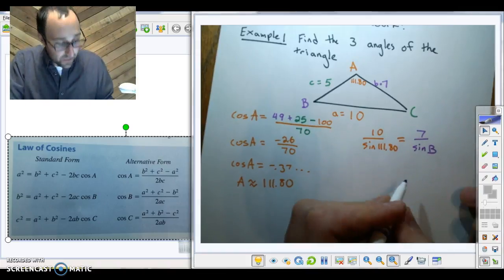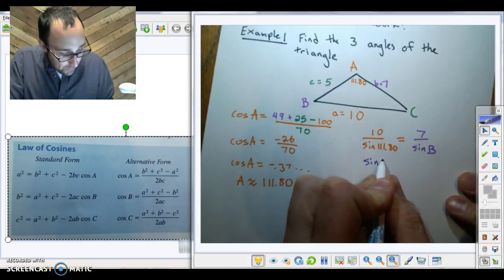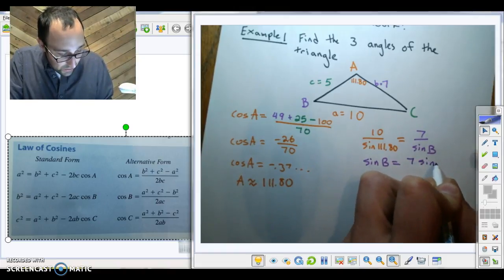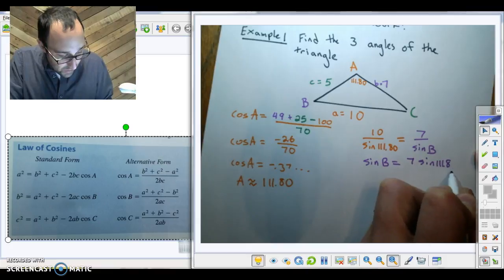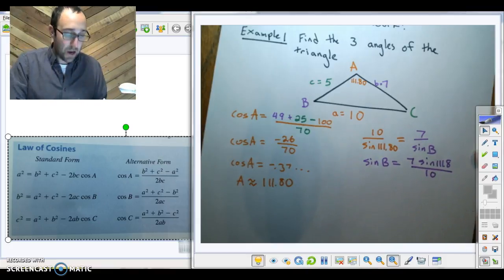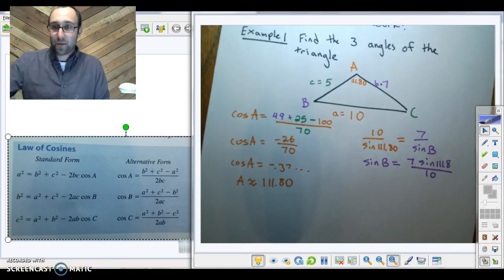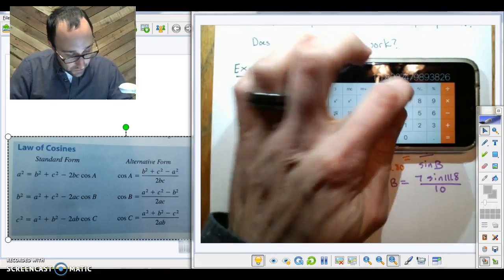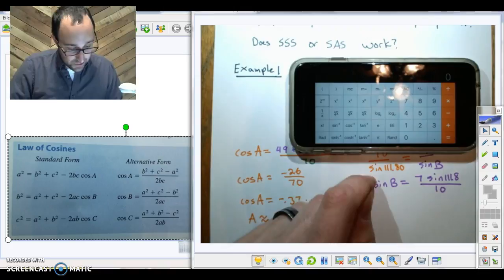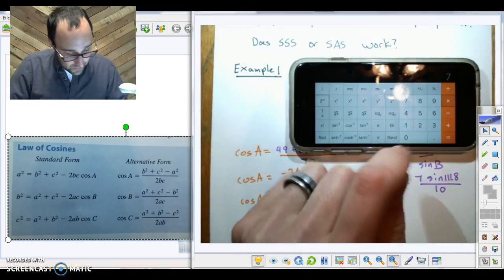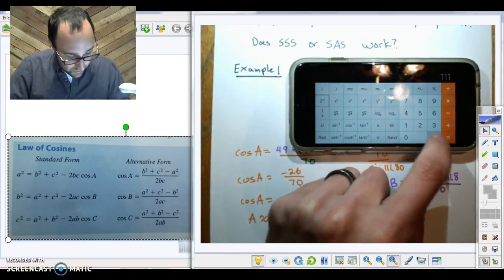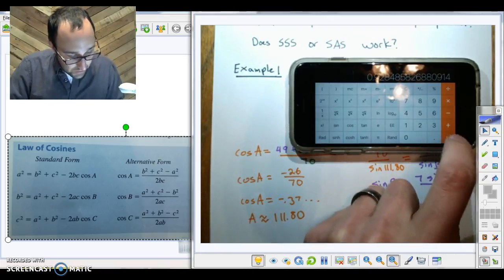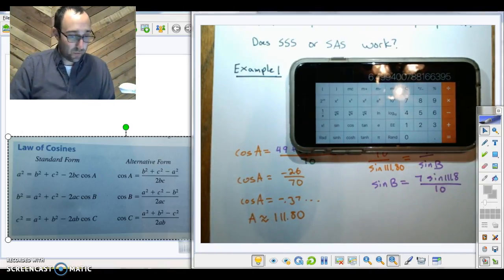Cross multiply, do all the stuff, and we should get sine B equals 7 sine 111.8 all over 10. So let's go back and get our calculator and figure that out. 7 times sine of 111.8 equals 6.49.